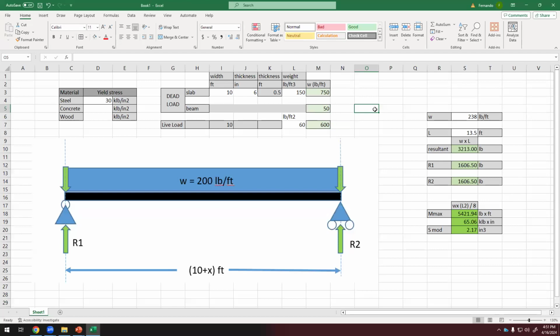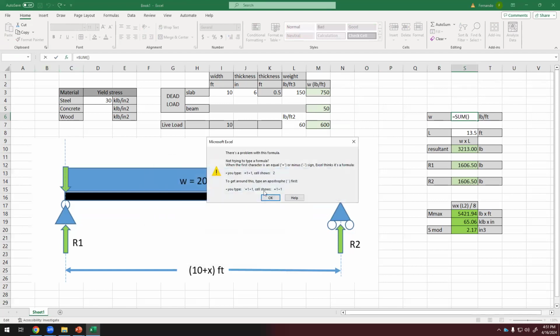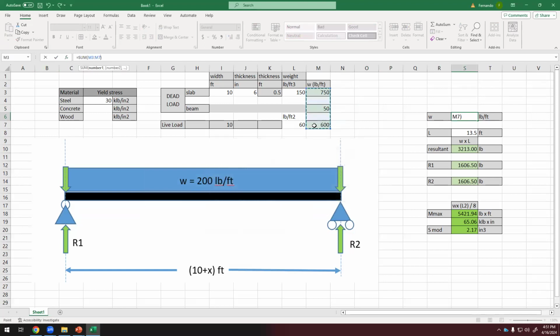So now my W, I have to add up the dead load, the slab, the beam, the live load. So now this W is not a value that I can change. This value is equals, and I can insert this sum function, and I can drag these 3 cells, and here I have the actual value.